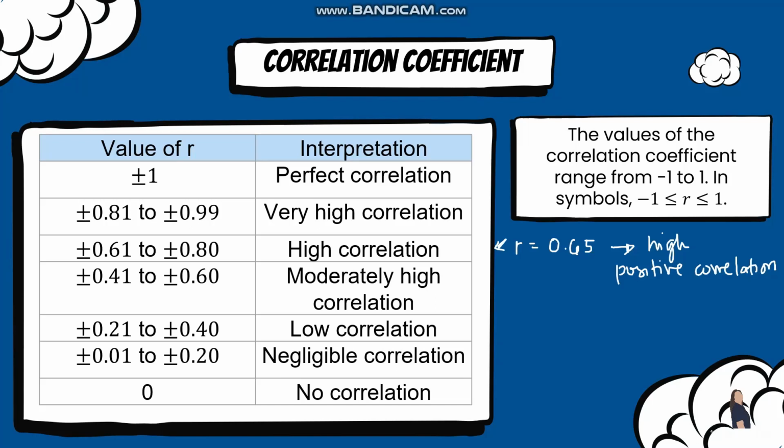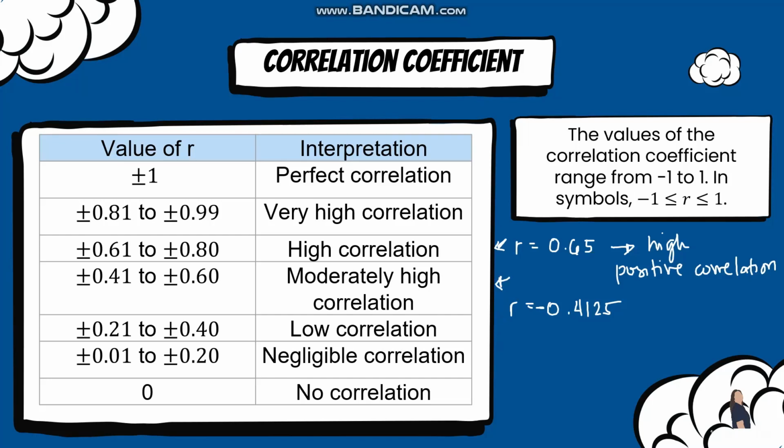Okay? How about if r is negative? So if r is negative, let's say r is equal to 0.4125. Let's say it's negative 0.4125. So you just have to locate where 0.4125 is. It falls within this category.